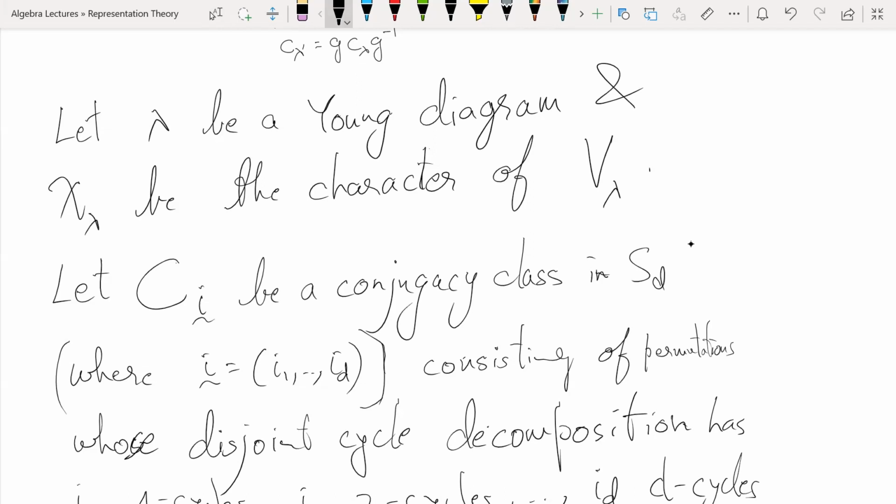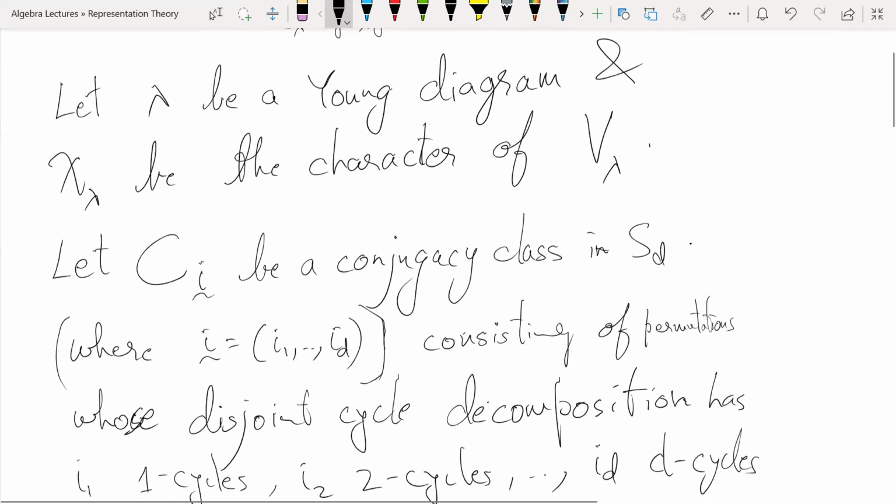Let C_i tilde be the conjugacy class in S_d where the disjoint cycle decomposition has i_1 1-cycles, i_2 2-cycles, i_3 3-cycles, and so on, up to i_d d-cycles. So this i tilde is a d-tuple. Of course, the total has to be d.